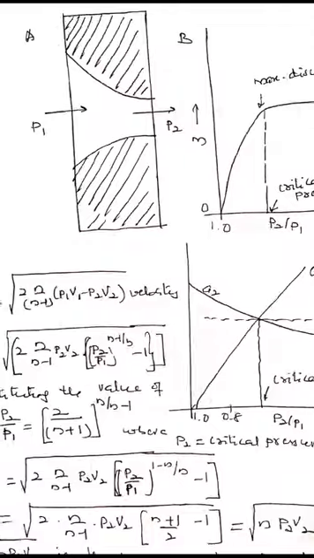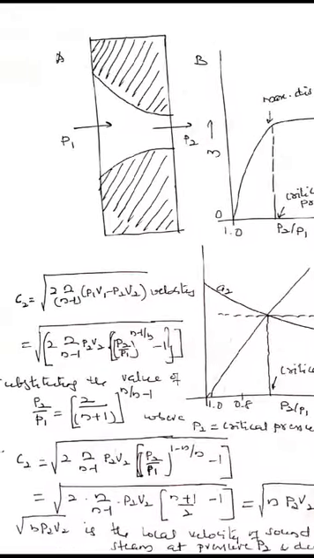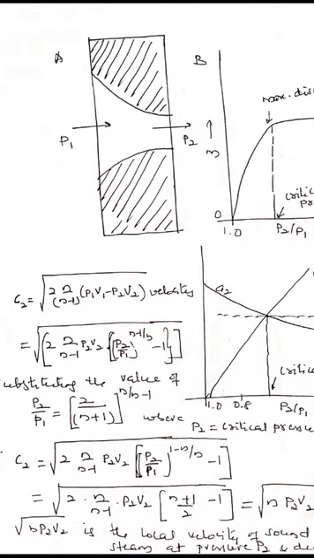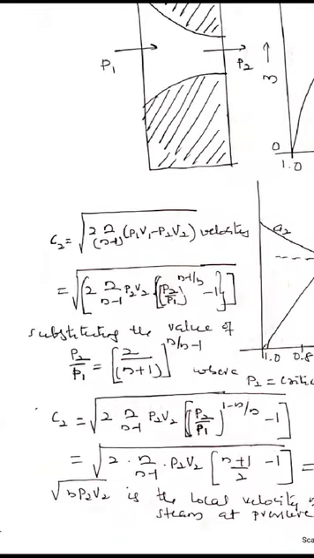Now, we will find out the velocity of steam for maximum discharge. The velocity of steam is given by C2 equal to root of 2n by n minus 1 times (P1 V1 minus P2 V2).